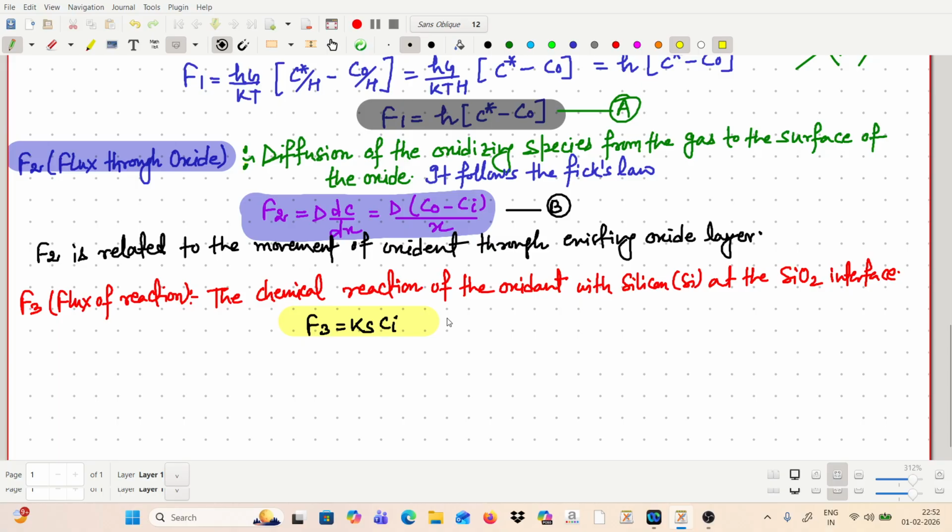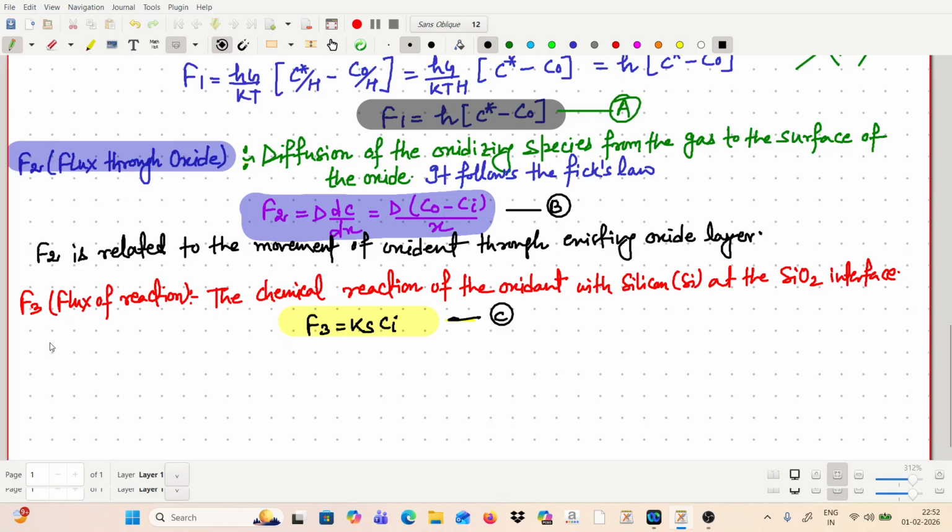This I am calling equation number C. Now at steady state, all three equations A, B, C will be the same.